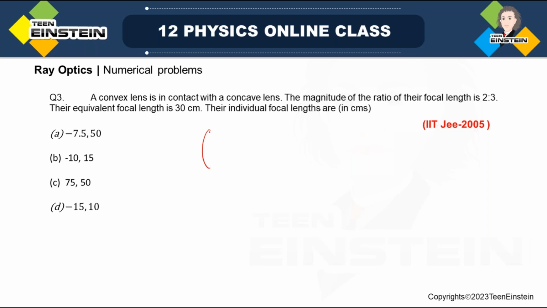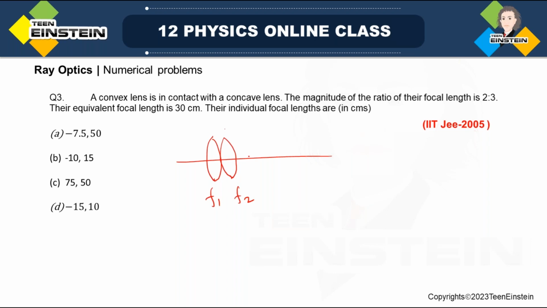See, when we have two thin lenses in contact, let me just draw it properly. They have different focal lengths, f1 and f2. So what will be the focal length of the combination?